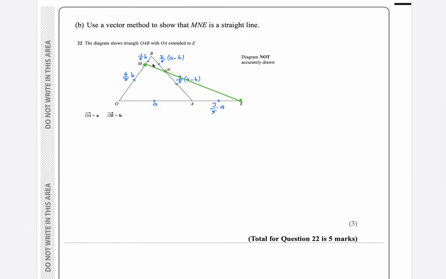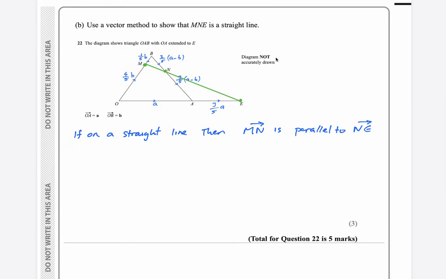Now, if they're on a straight line, then essentially MN, this is the key to the question, MN, and it says show, guys, so I'm going to write this clearly. If on a straight line, then MN is parallel or in the same direction, let's just go parallel to NE.